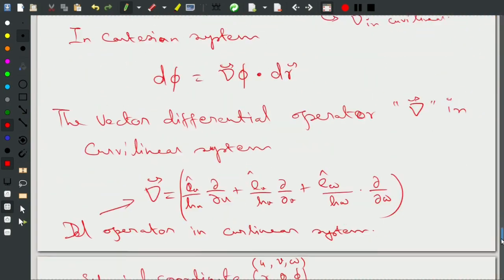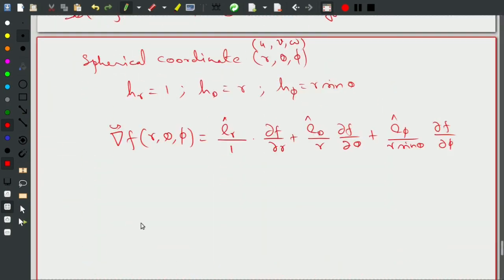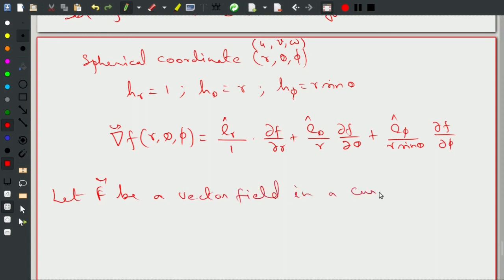Next, let's try to find the divergence of a vector field using curvilinear system. Let f be a vector field in curvilinear system.